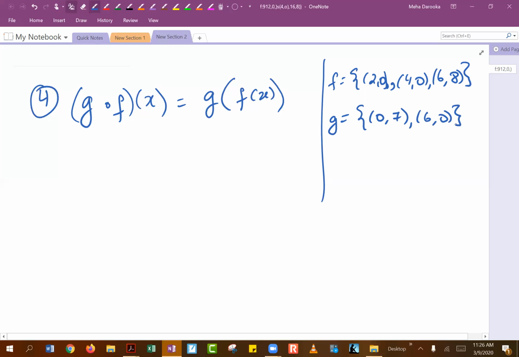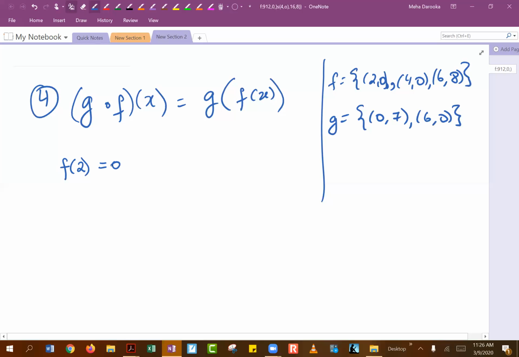So again, f is the inside function, which means you need to start out with the f values first. What's the first ordered pair in the f function? (2, 0), which means we will be starting out at f of 2. What does f of 2 give us? 0, because you're finding the pair that it goes with.